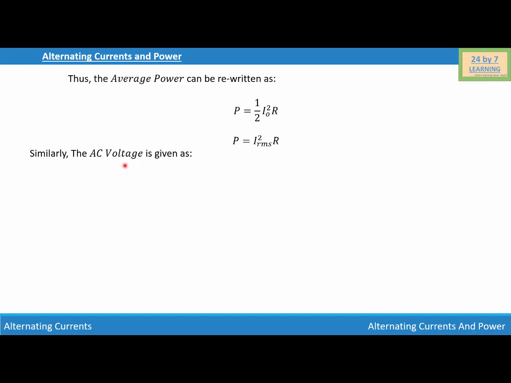Similarly, we can find the AC voltage, which is given as V_RMS = V₀/√2, and that is equal to 0.707 V₀.